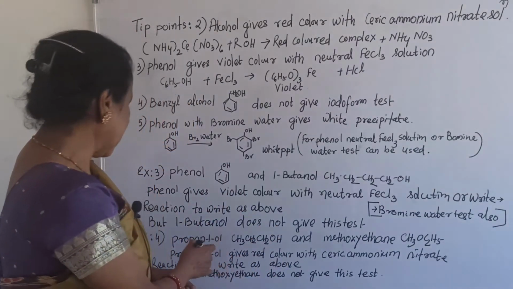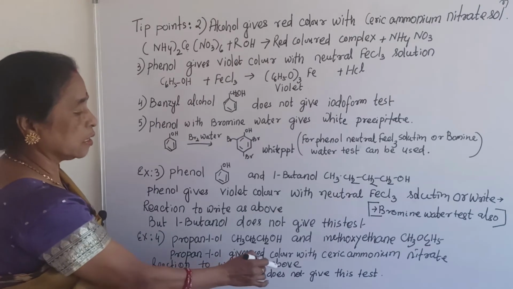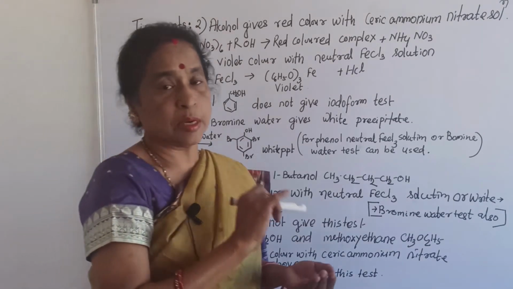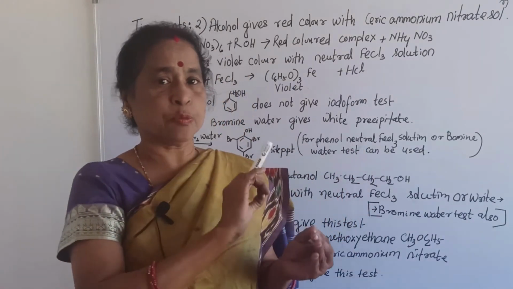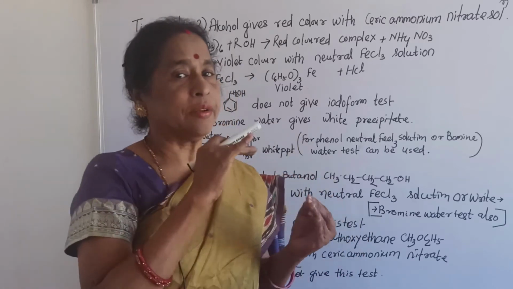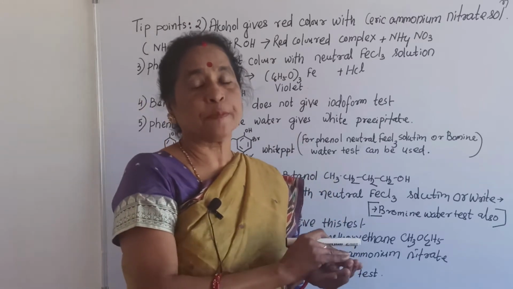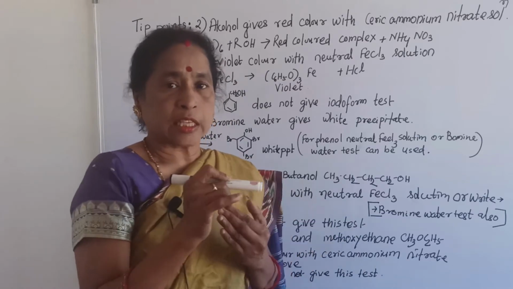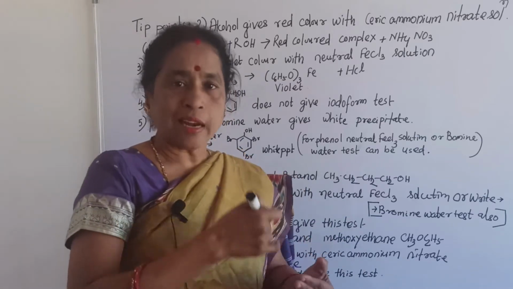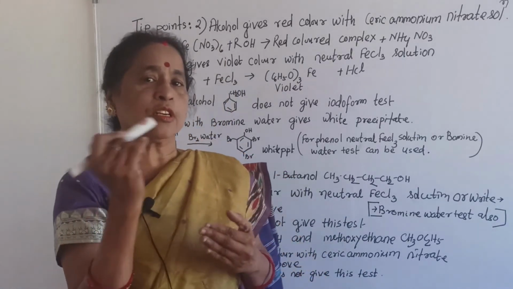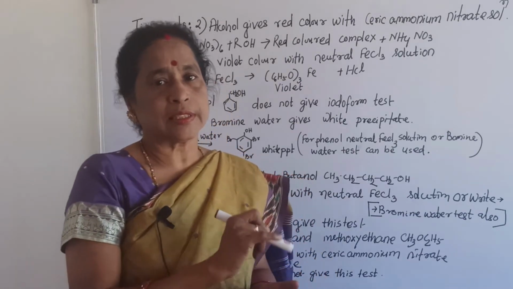So lastly you write that the ether does not give this test. Always remember, first write what test is possible, the test you know very well with color and precipitate, and after that the reaction if you know it, then write that the other compound does not give this test.